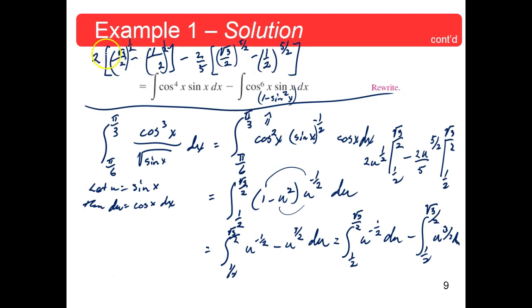So, let's see. This one, we can just write that, and this is what they did. They did leave that as 1 over root 2. And this one, they did 2 to the 5th over root 2.